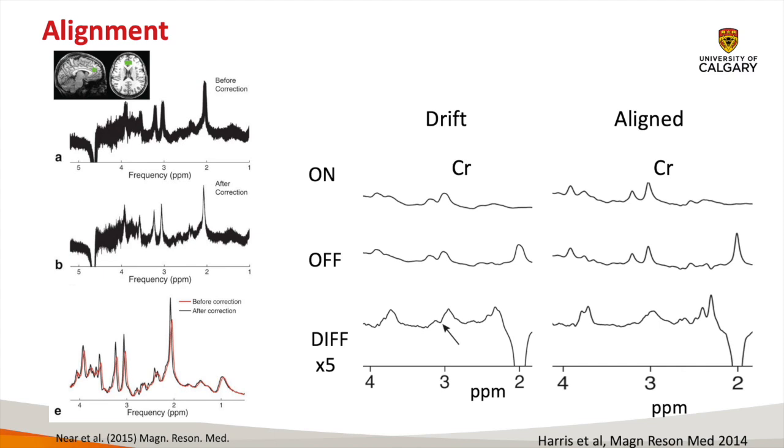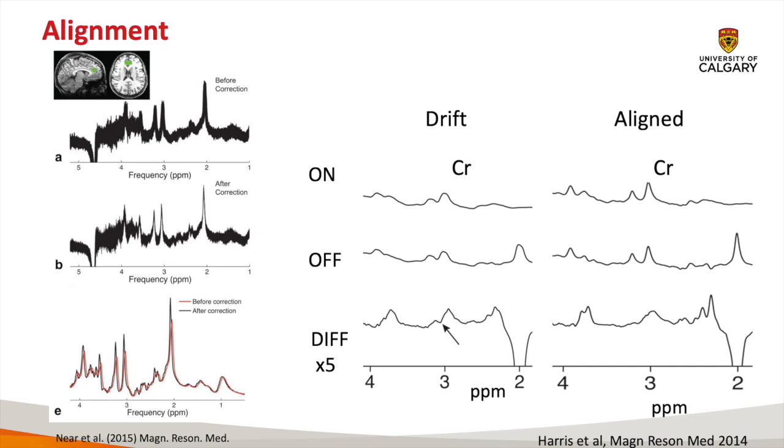And then again, on the right-hand side, I'm showing frequency correction used in GANET, and we see that their creatine peaks realign, and we're able to resolve GABA nicely. I do want to note that this alignment was done using the creatine and choline peaks in GANET, but GANET by default now uses a time domain spectral registration algorithm.